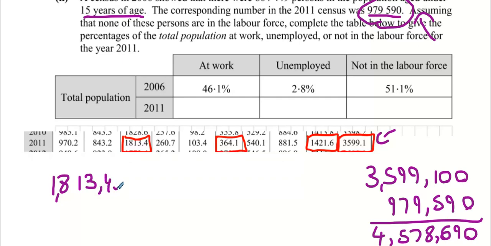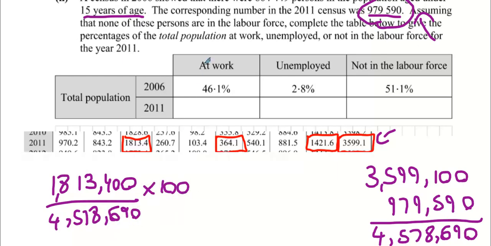And we're going to divide that by 4,578,690. We're going to multiply that by 100. You guys can tell me what that is in a second. I'm hoping it's 39.6. 39.6? Okay.